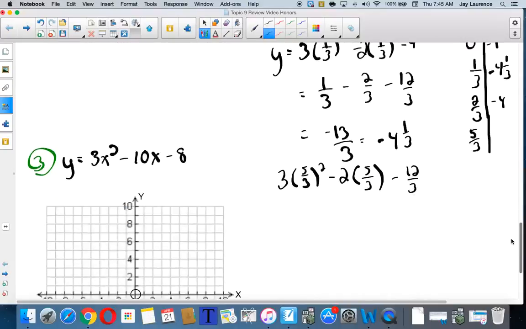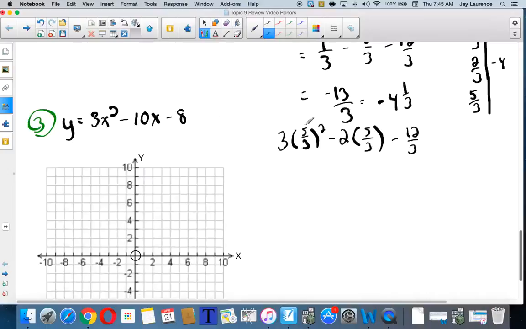Okay. So when I do this, I'm going to get 25/9, so it'll be 25/3 minus 10/3 minus 12/3. And it looks like that might be 1 on the nose, right? 25 minus 22. Yeah, that's going to be 1. Oh, I like that. That worked out nice.